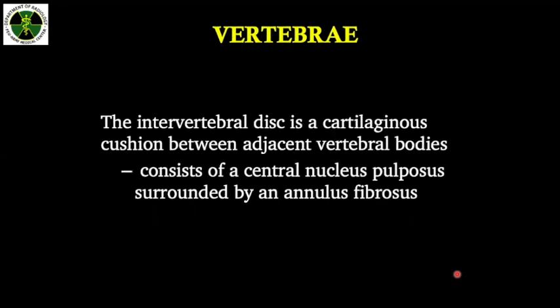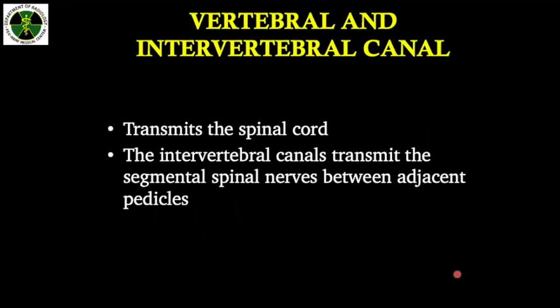The intervertebral disc is a cartilaginous cushion between the adjacent vertebral bodies. It consists of a central nucleus pulposus surrounded by an annulus fibrosus. The vertebral canal transmits the spinal cord, while the intervertebral canals transmit the segmental spinal nerves between the adjacent pedicles.